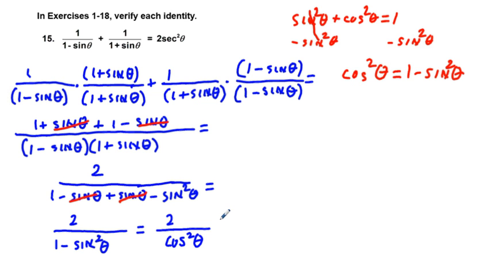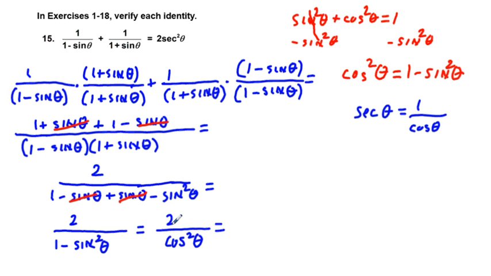And we should remember, I hope, that secant theta is the reciprocal of cosine theta, or is equal to 1 over cosine theta.